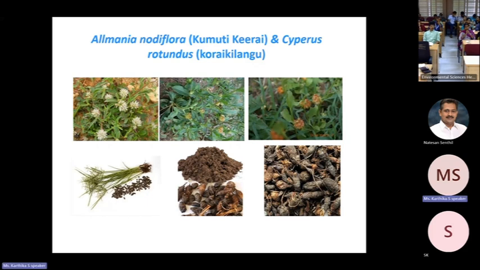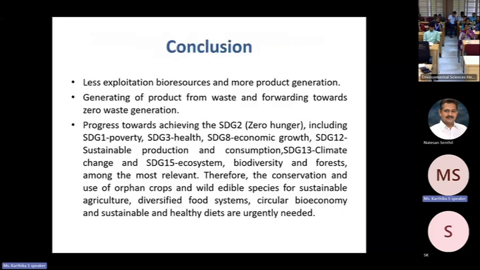Used. A wonderful crop. So now come to the conclusion. Less exploitation of bioresources and more product generation. Generating products from waste and moving towards zero waste generation. These are all the ideas.